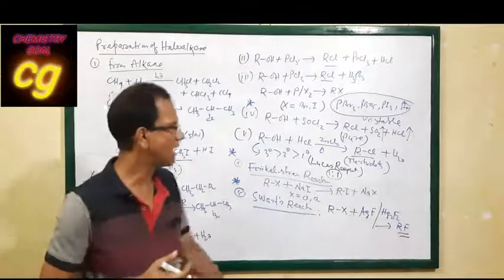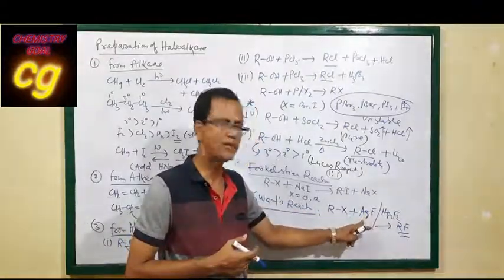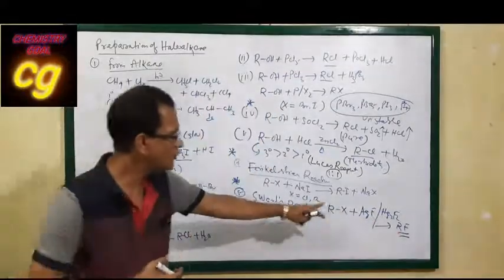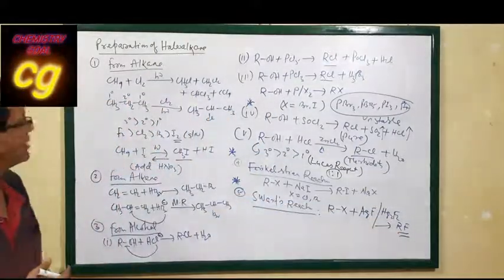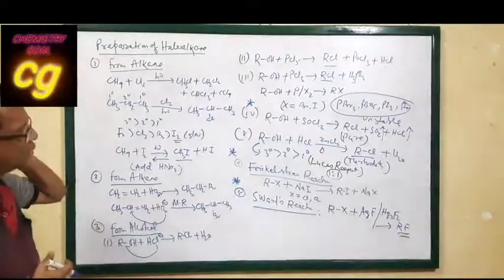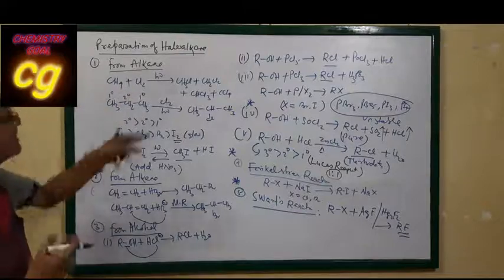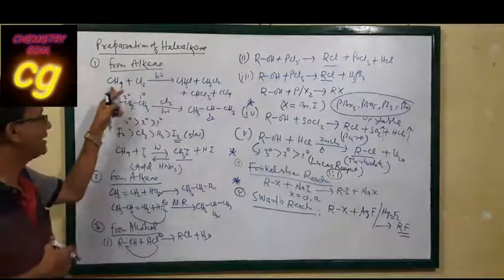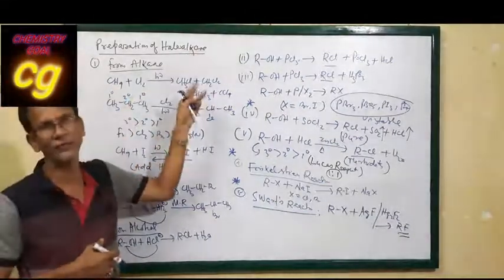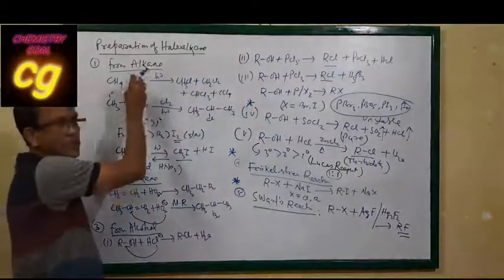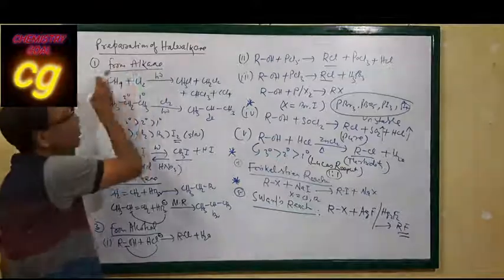You can also take antimony fluoride, mercurous fluoride or silver fluoride to get fluoroalkane. Because fluorine is very reactive towards hydrogen, if you directly use fluorine with alkane, you will get HF instead of RX. That's why we cannot use direct fluorination of alkane.